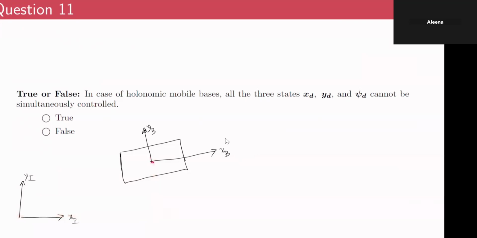And you need one rotation parameter, maybe psi-d, to determine its orientation with respect to the inertial frame of reference. So in essence, you need three coordinates.